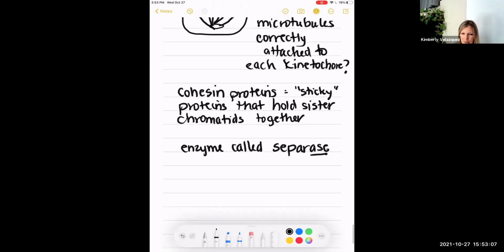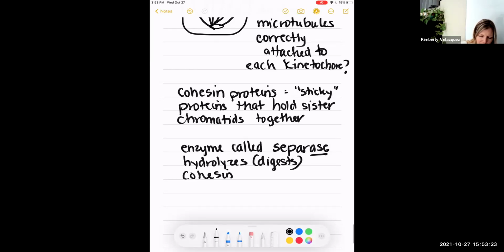Separase, we know it's an enzyme because it ends in ASE, and it's going to cause the sister chromatids to separate. This enzyme called separase hydrolyzes or digests the cohesin proteins, and the sister chromatids separate.